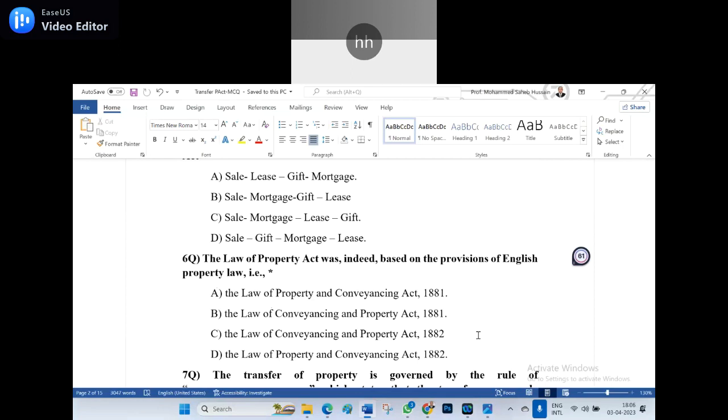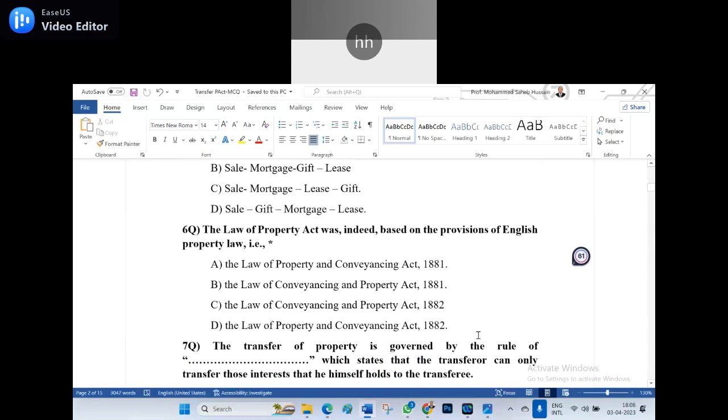The Law of Property and Conveyancing Act 1881. Intentionally I kept it. You are a loser. That's why I put the 100 rupees here. The right answer is the Law of Conveyancing and Property Act of 1881. That is the right answer.